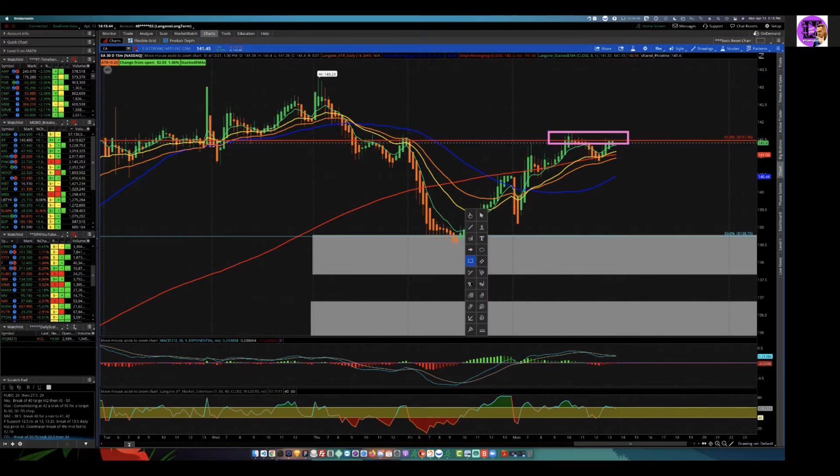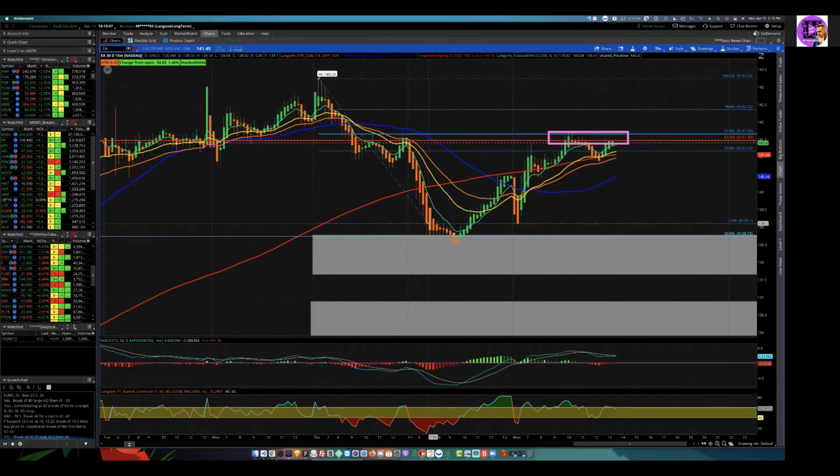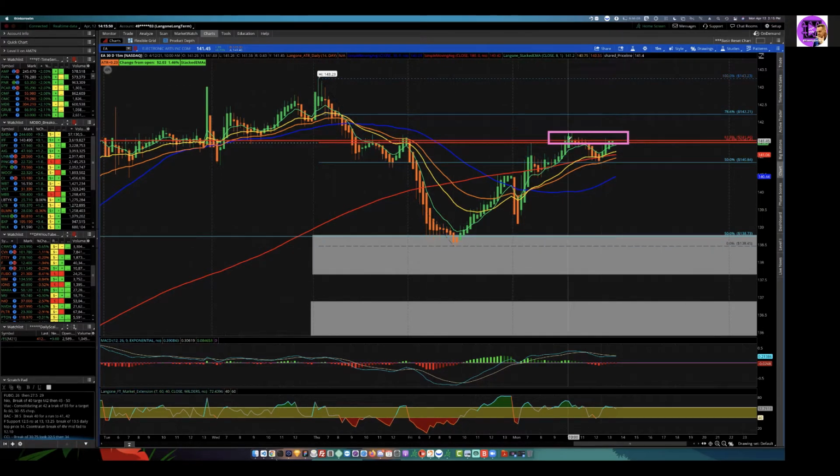If we were to take a position in EA now, I would definitely wait for a close above the 618. If we do close above the 618, I would use the algo as an indicator of generalized direction, right?